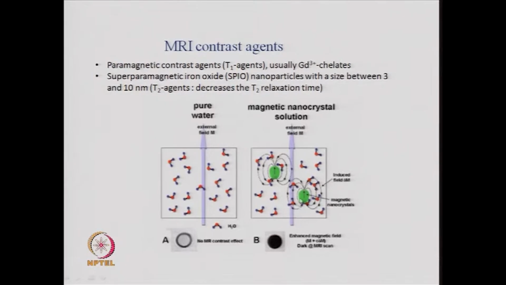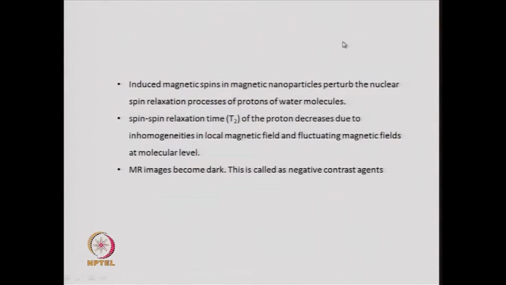So, wherever you have these magnetic particles, you will have much more contrast, and that is why they are called MRI contrast agents, and they are used extensively in medical imaging.